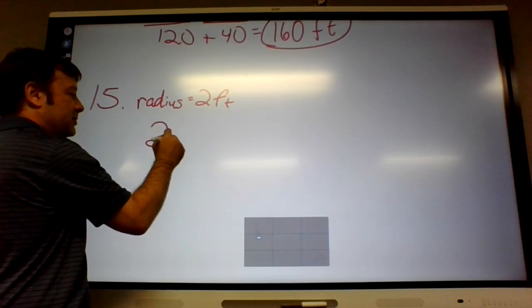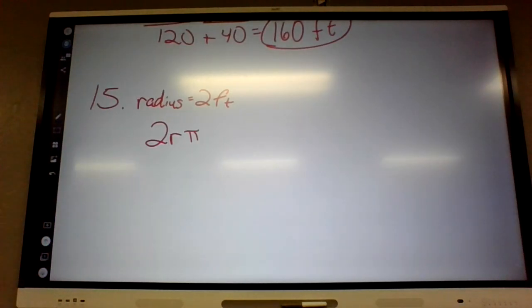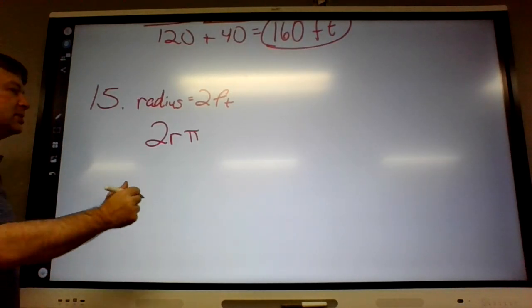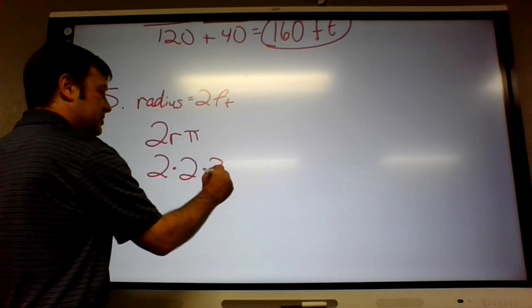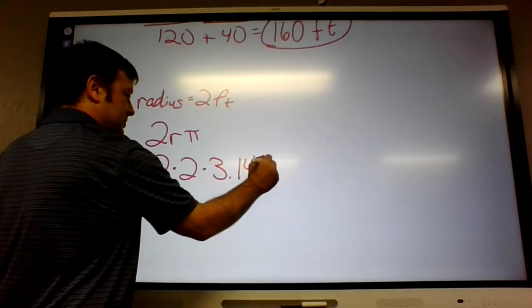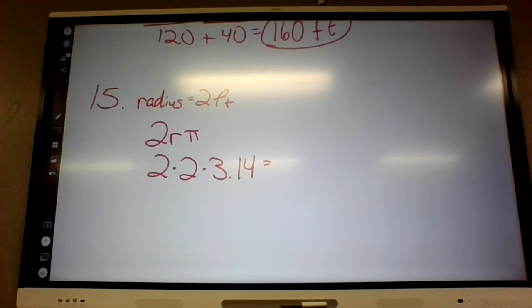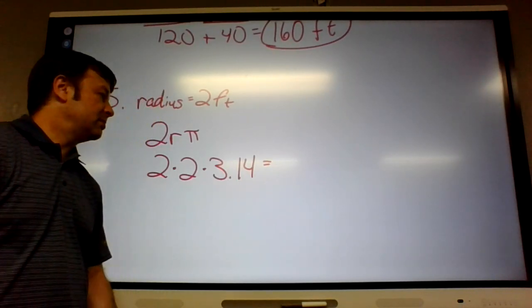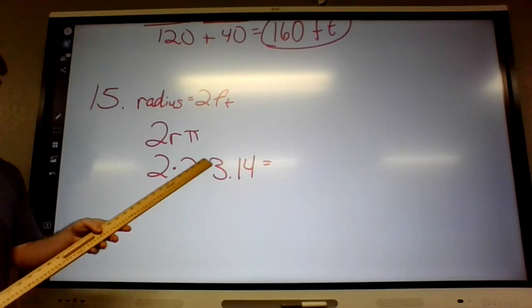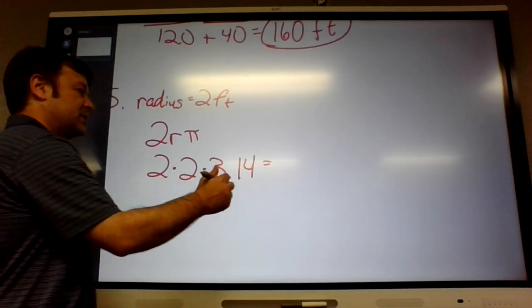It's 2 times r times pi. 2 times the radius times pi. So in this case, the radius is also 2, and pi is about 3.14. You probably have a pi button on your calculator. It's much more accurate than 3.14. It'll give you maybe more decimal places than you need to go. So that comes out as 12.56.